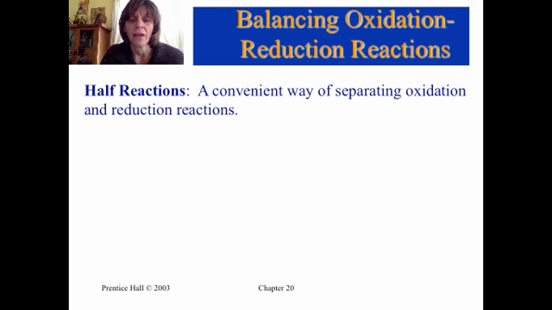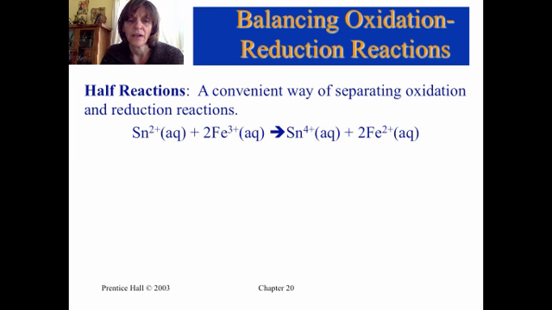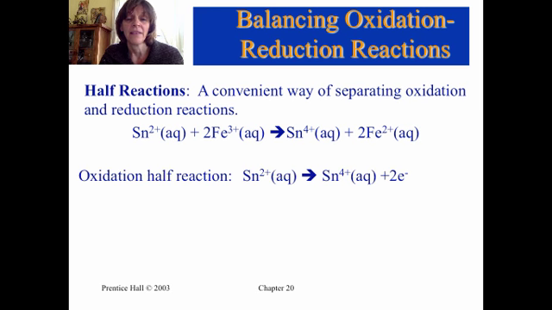So here we go. You want to start by separating the oxidation and the reduction. Helps you focus on the electrons. So here we have a reaction in which tin 2+ is reacting with iron 3+ to make tin 4+ and iron 2+. The oxidation is the tin losing electrons.